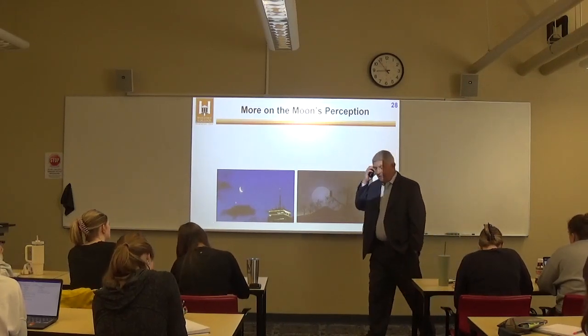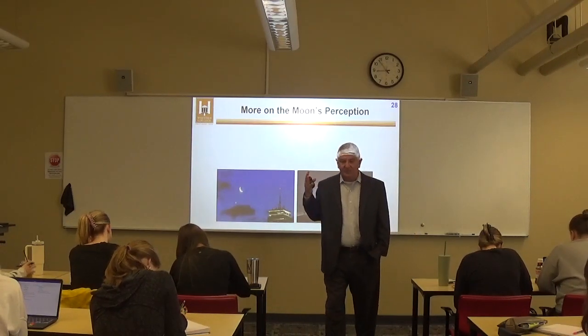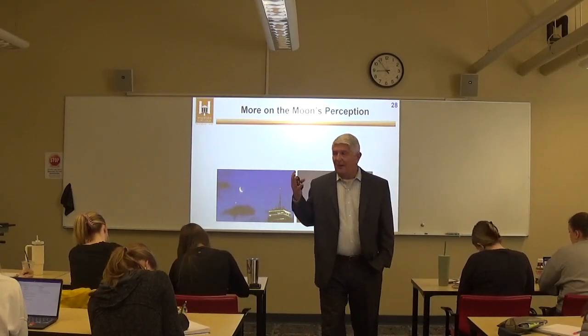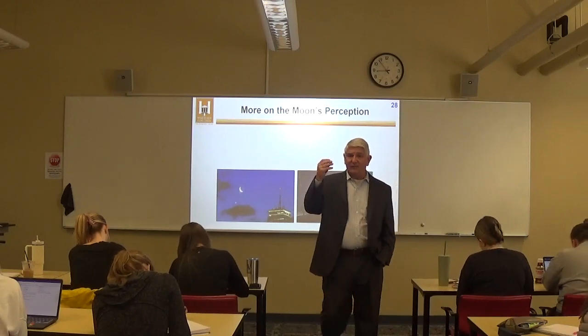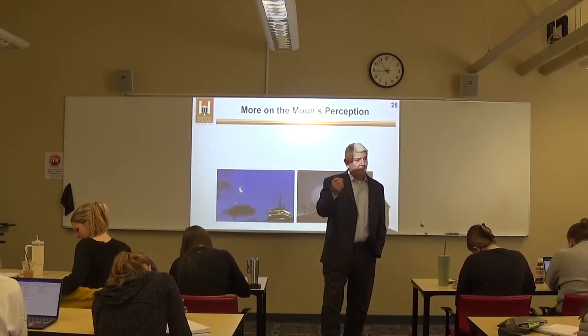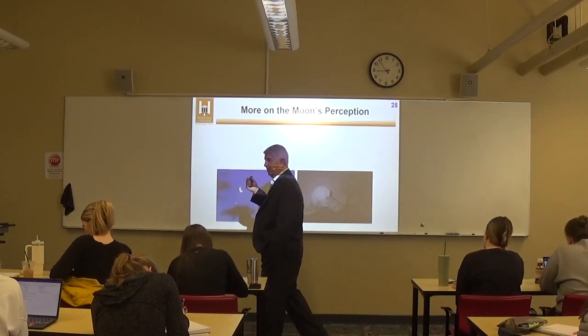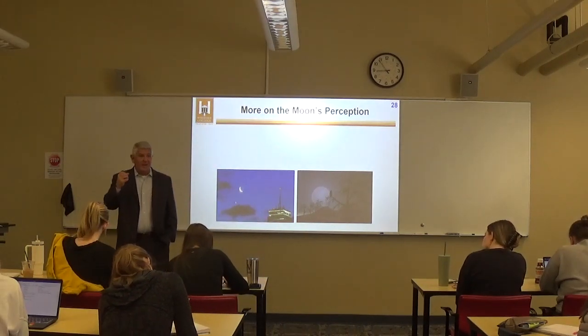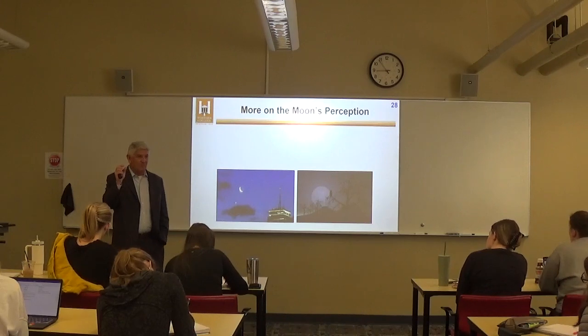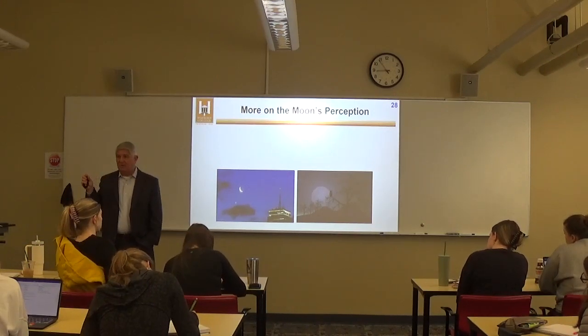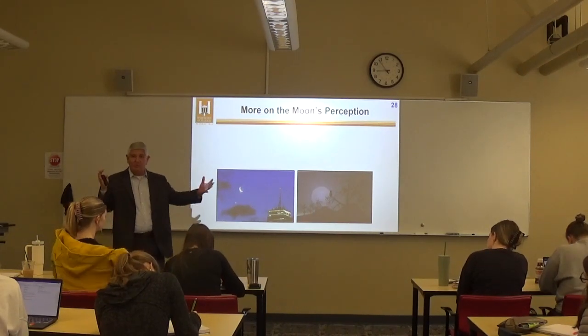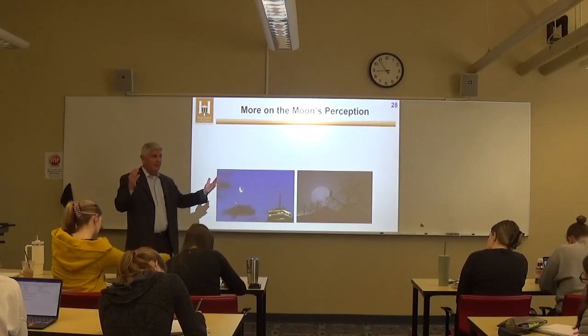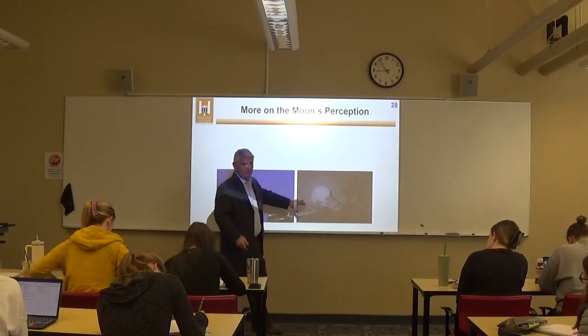So, the next time that you see the moon and it's low on the horizon, you can think about it. If you take a picture of it and then wait until the moon is high up in the sky and take another picture of it, and then measure, the size of the moon will be exactly the same in both pictures, but your perception that it was much bigger when it was on the horizon is because of all these other cues.